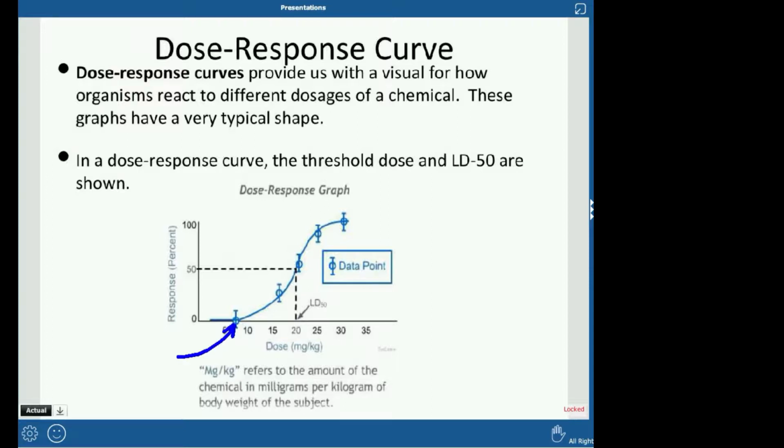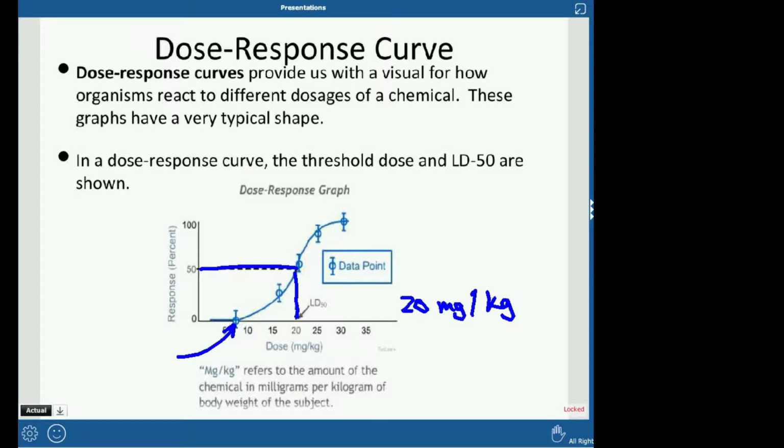And then your LD50 is when your response, your death, is 50%. We'll call that the LD50. This dose is 20 milligrams per kilogram, and that is the lethal dose for whatever this chemical is in this picture.